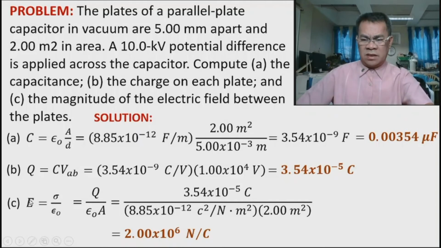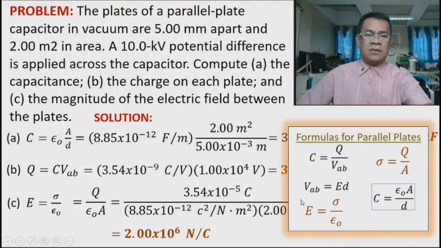Again, there is another way to solve for E. Take note. You can use the potential difference, this one, 10, then divide it by D. You will arrive at the same answer, 2 times 10 raised to 6 Newton per coulomb. Look at this one.